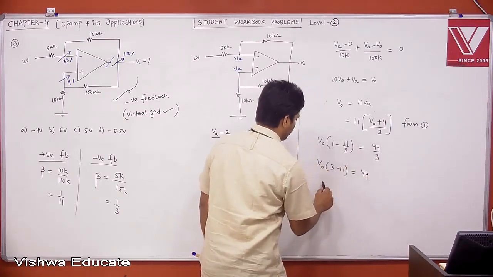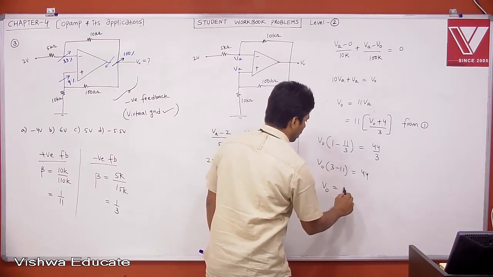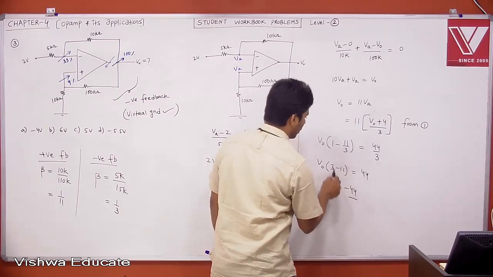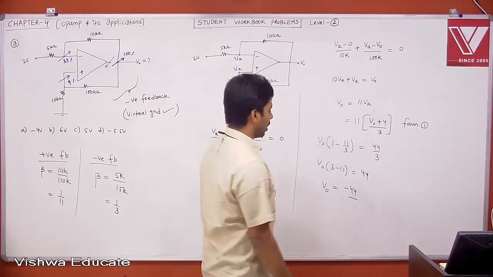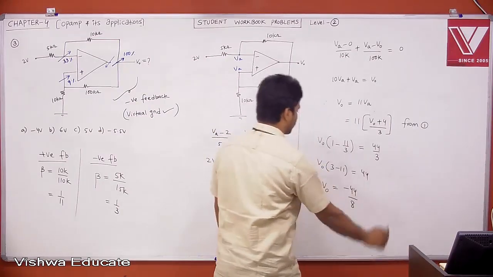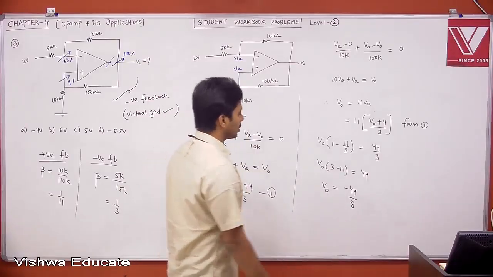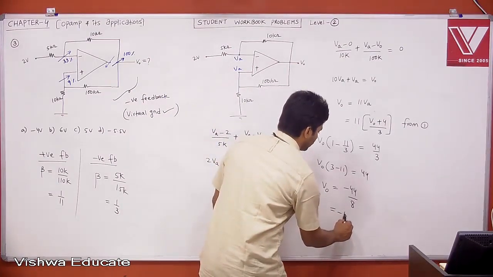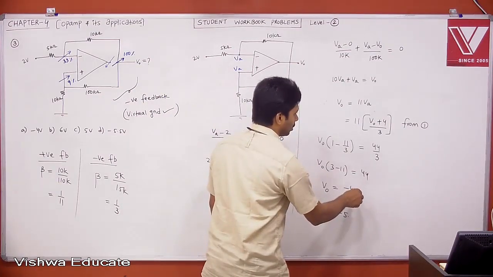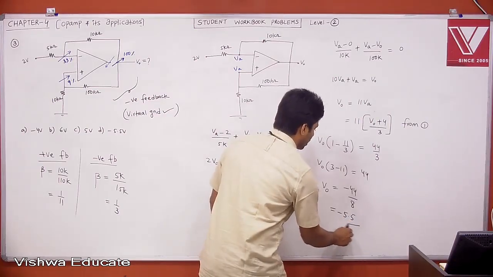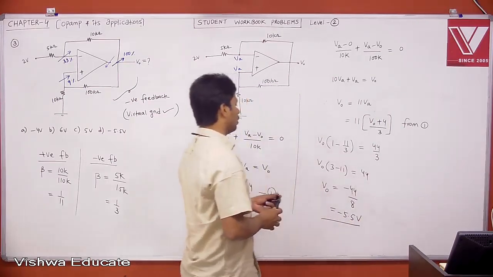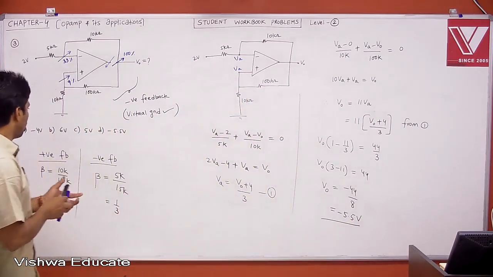Then what is our V naught? V naught is equal to minus 44 divided by, what is 3 minus 11? 8. Then this is nothing but minus 5.5 volt. What is V naught? Option D.